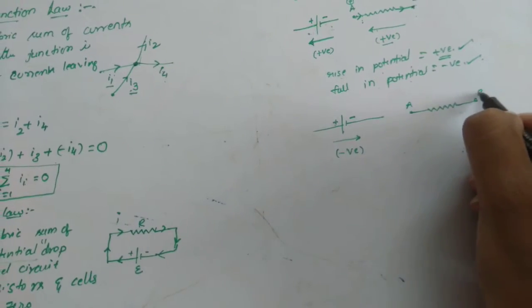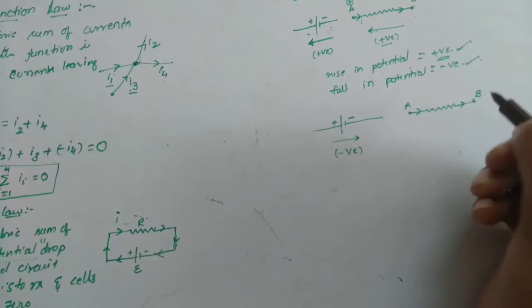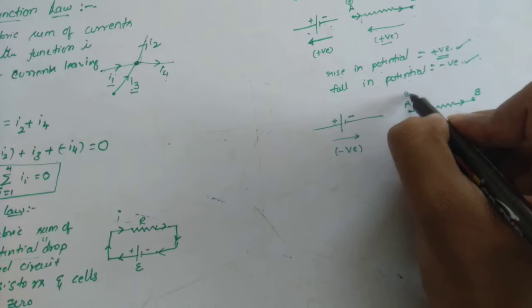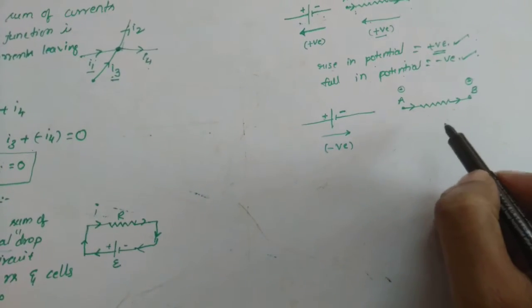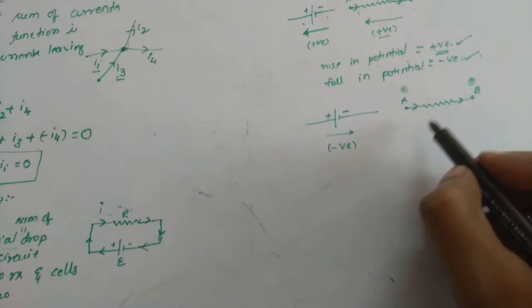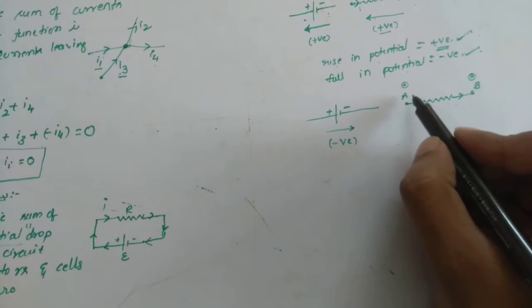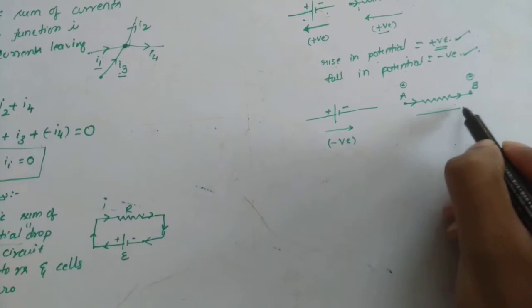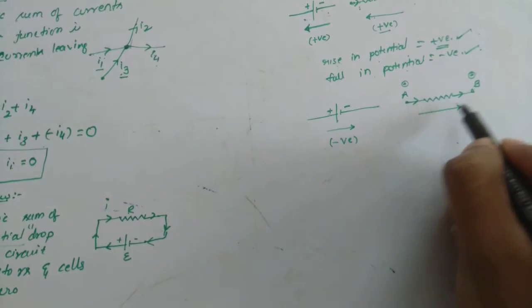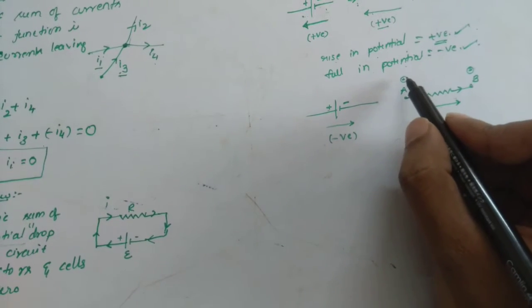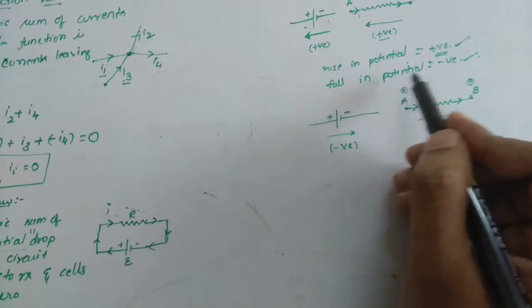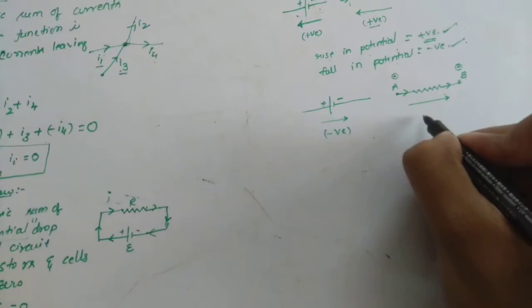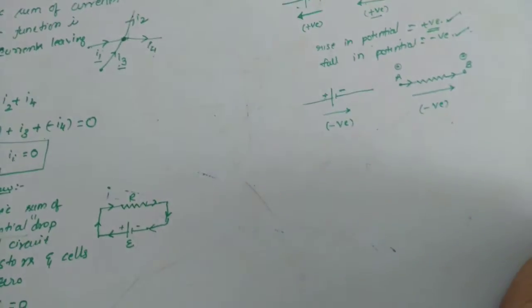Current is flowing from A to B, which means that A is at high potential and B is at low potential, because current always travels from high potential to low potential. Let us suppose we are moving in this direction, from high potential to low potential, which means there is a fall in potential. That fall in potential is taken as negative.